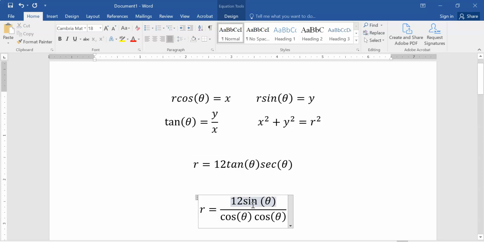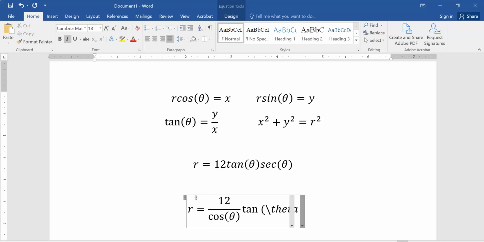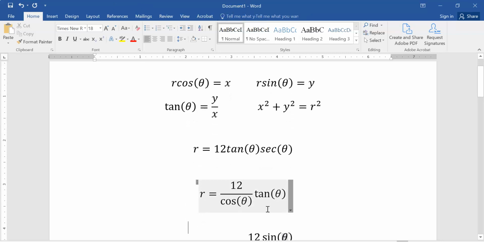So what I could have done is taken the 12 secant, 12 over cosine, and then just left the tangent theta as is. So that's another technique if you'd like.